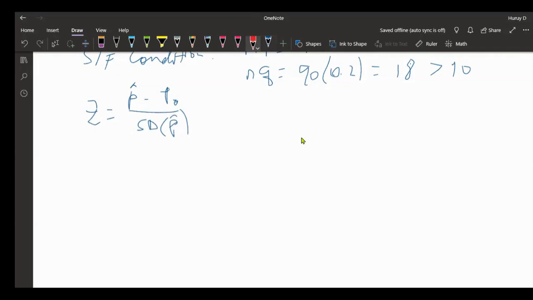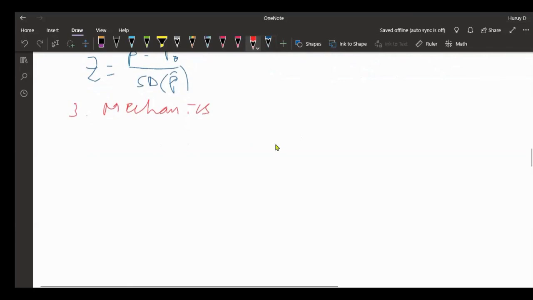So step 3, the mechanics. Well, the mechanics here means just the calculations. All the calculations that we do at this step. Now, what is our n? N is 90, and x is 61.